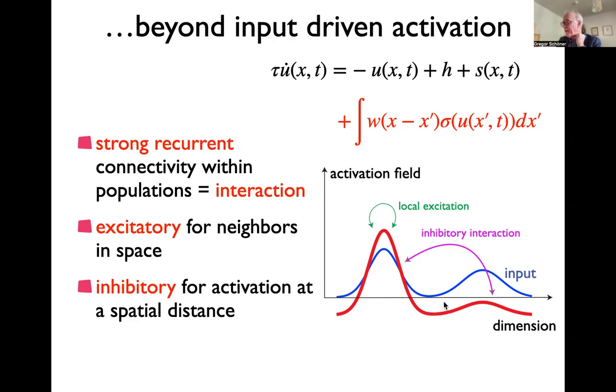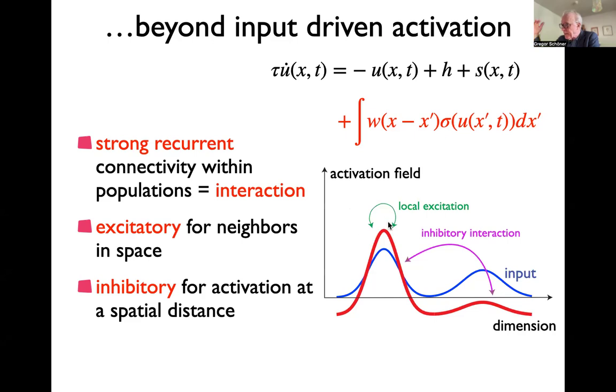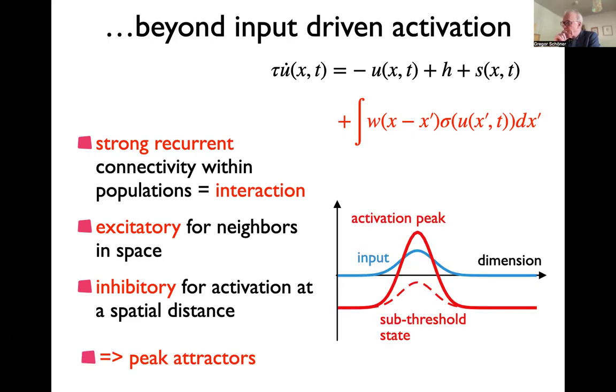This is a common pattern of activation in cortex, and that pattern leads to peaks, localized activation patterns, depending on the number of dimensions, being attractor states that are stable. Essentially, the excitatory interaction prevents the peak from decaying, and the inhibitory interaction prevents the peak from being inhibited away by competing inputs from some other location.